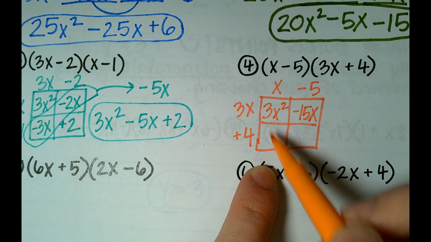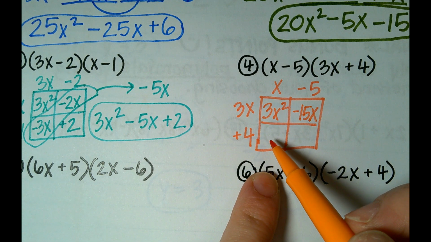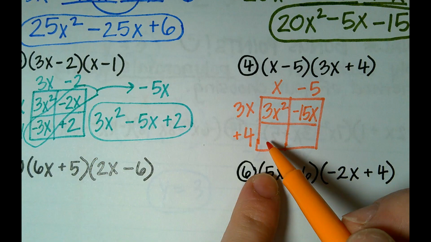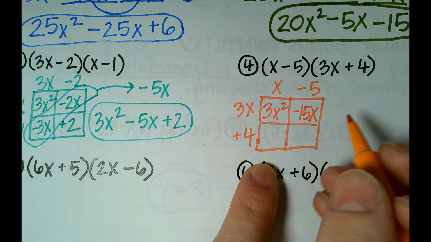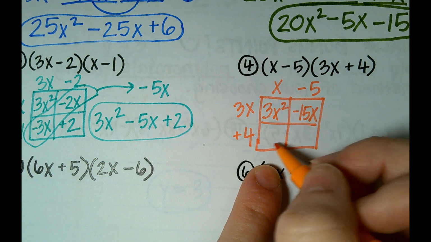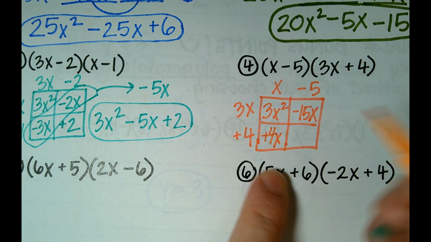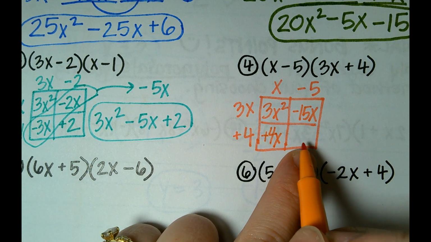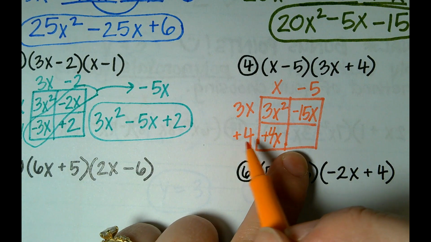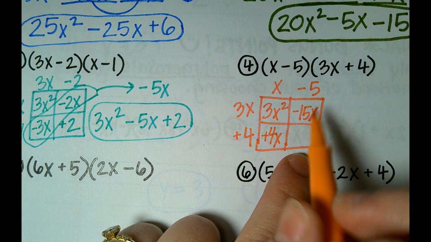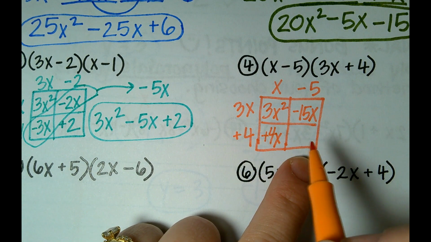Now this box, what am I multiplying here? 4 times x gives me 4x. Yes, plus 4x. And last but not least, what gets multiplied here? 4 and negative 5. Perfect.